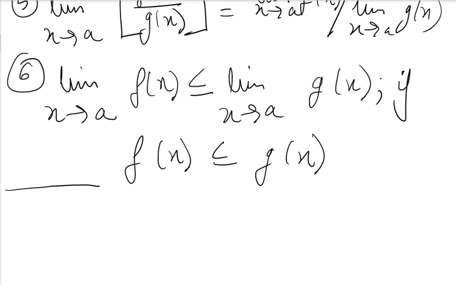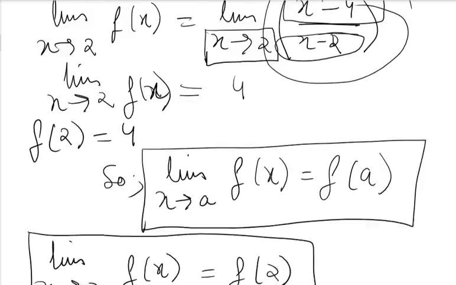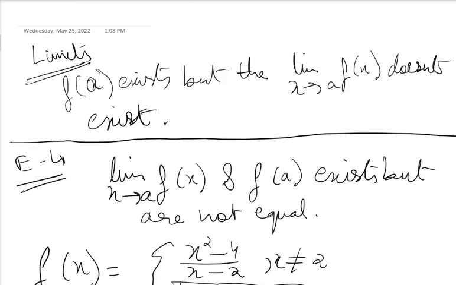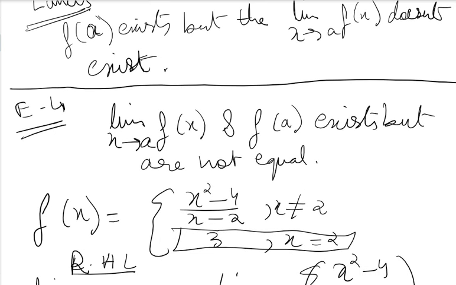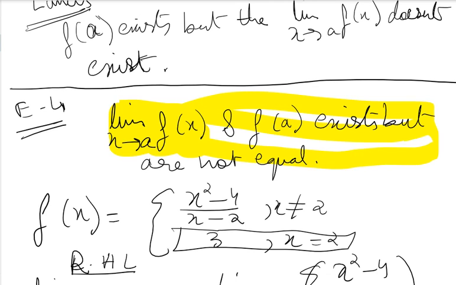So in this video, what did we learn? Let's go back. We learned that when limit x tends to a f of x and f of a both exist, meaning both have values, the problem is they are not equal.